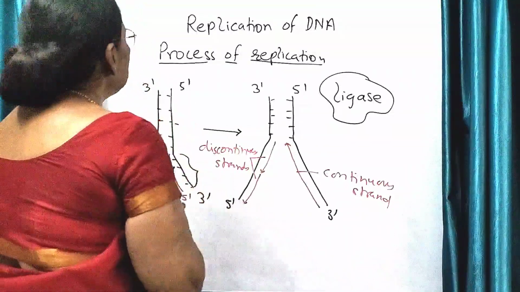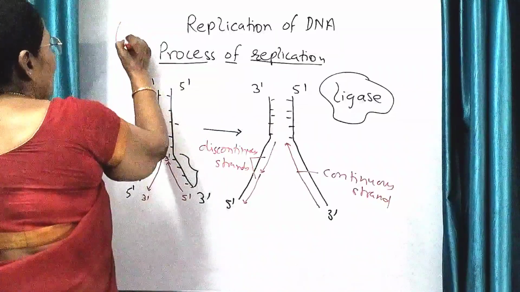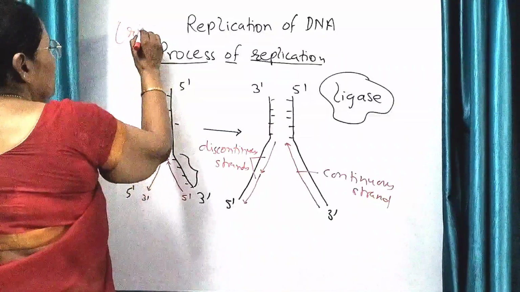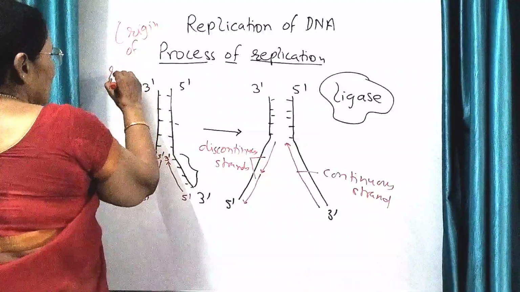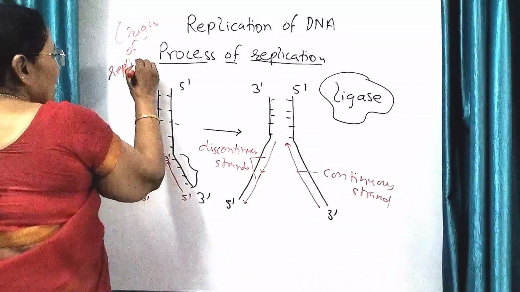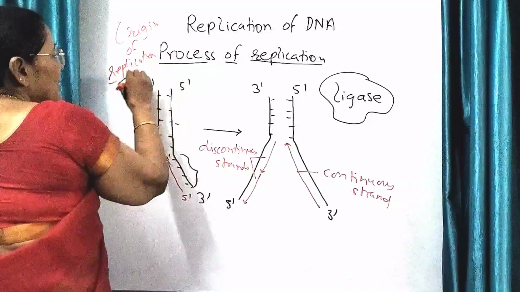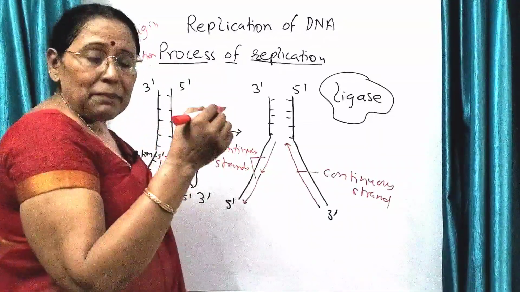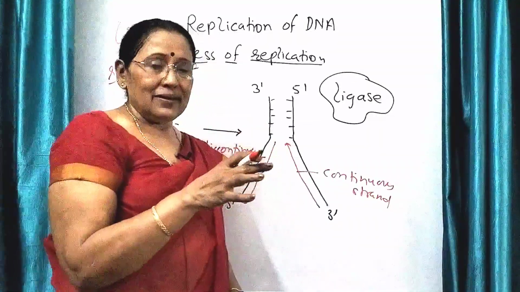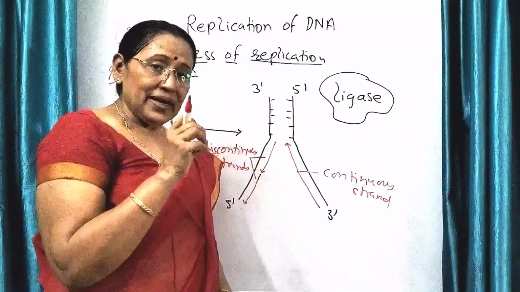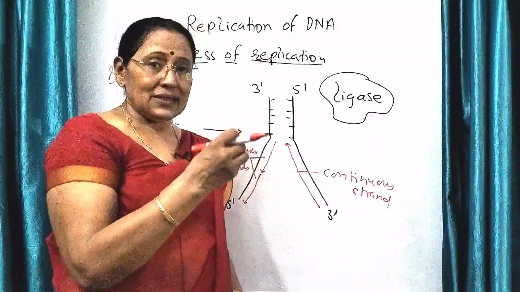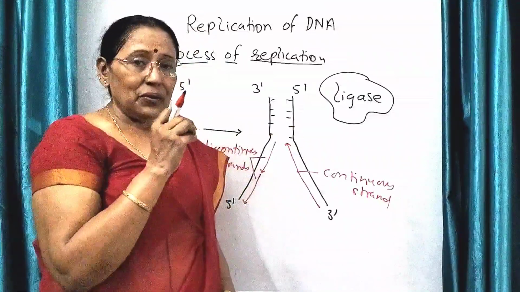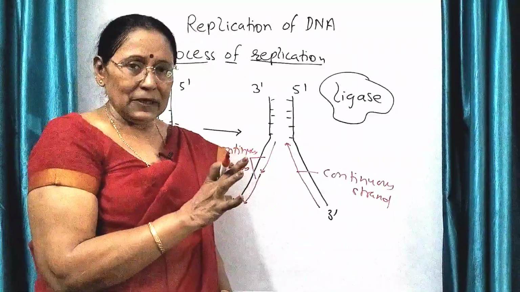One more thing you need to know is ORI, or origin of replication. What is origin of replication? In DNA, it is not that replication can start at any point. There is a fixed point from where the replication starts, so it is called the origin of replication.